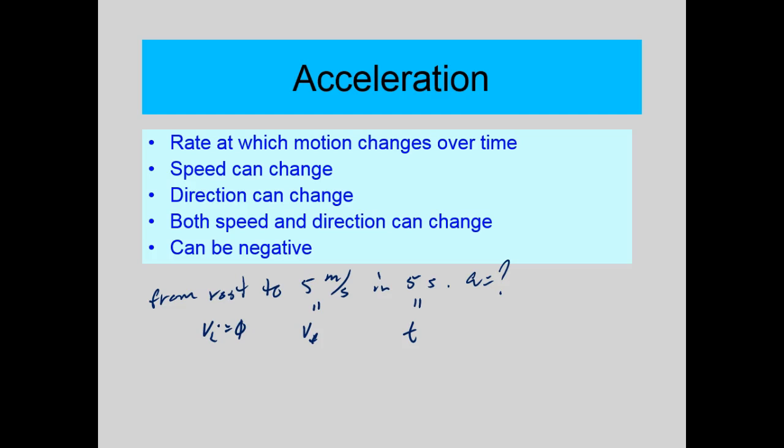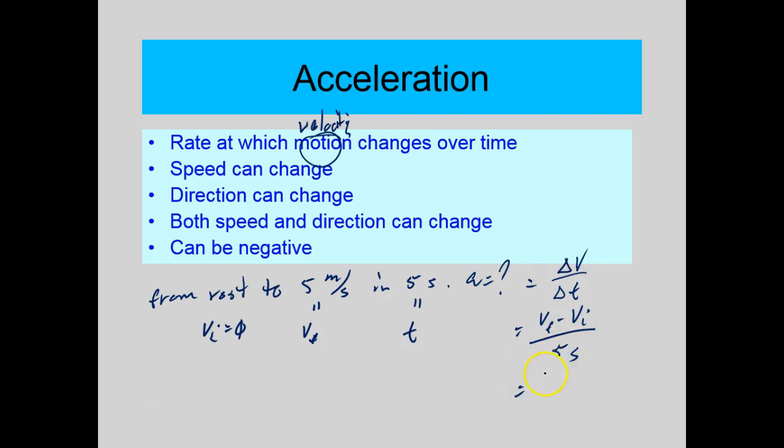Now, can we calculate the acceleration from there? What's the definition of acceleration? Change of velocity over change of time. Isn't that what we said? The rate at which motion, which is velocity, changes over time. So this will be the change of velocity, your V final, always final minus initial, divided by your time interval, which is 5 seconds.